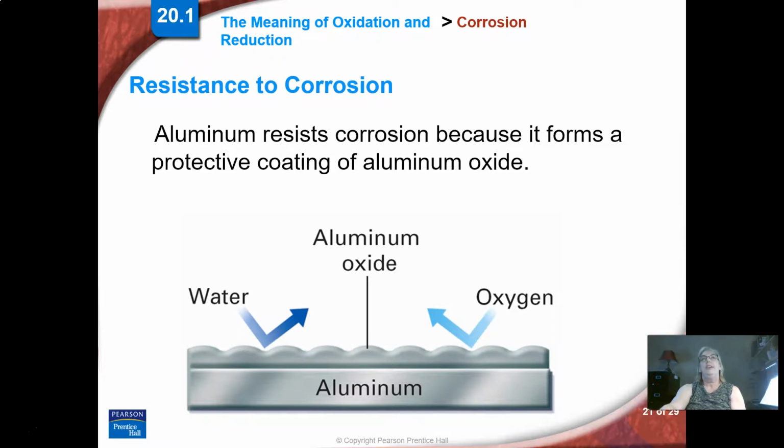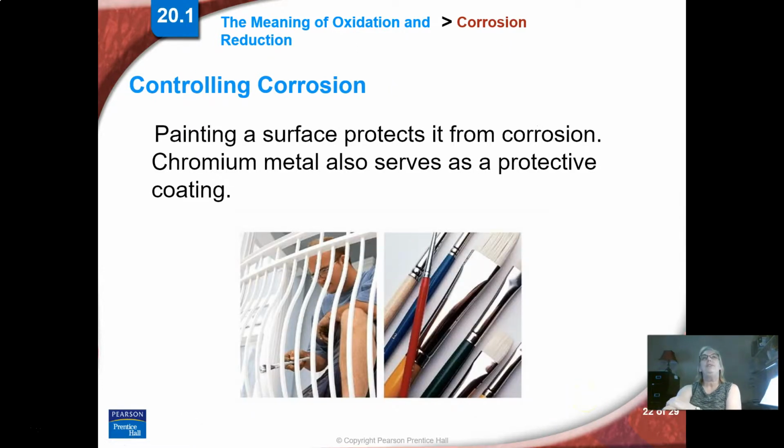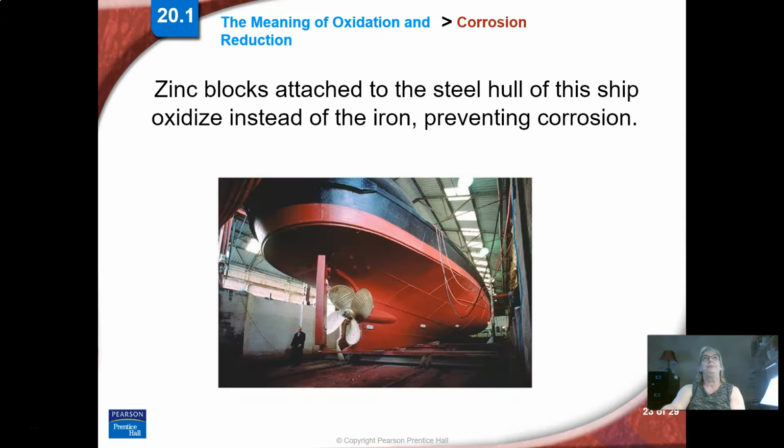It forms its own little aluminum oxide coating, a beautiful coating on the top when water and oxygen hit it, and that keeps aluminum from getting more corroded. So we paint surfaces to protect against corrosion. We add protective coatings, and we add metals on top of metals to keep things from corroding. In big ships, they'll put a zinc block on the bottom of the ship, so it will allow the zinc to oxidize and not the iron.